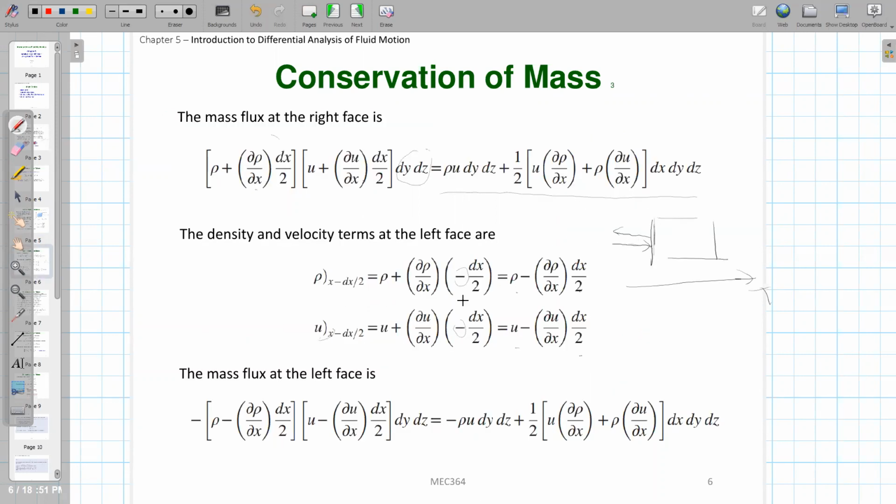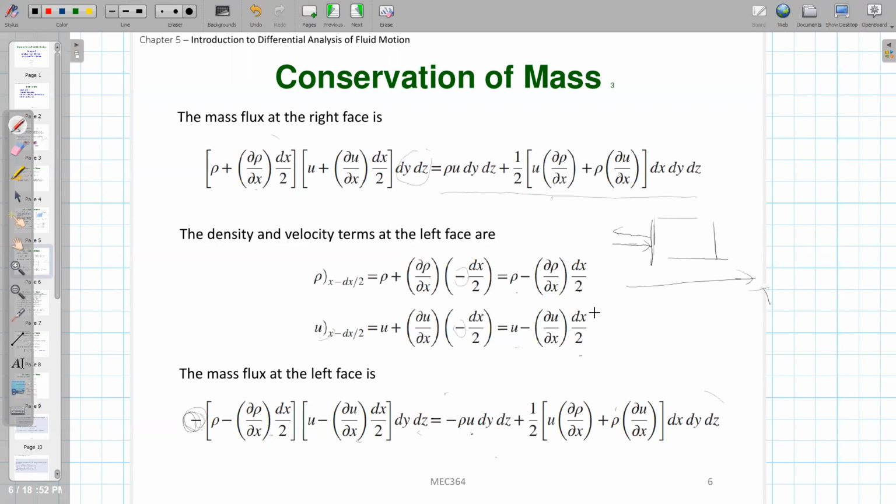So when you calculate the mass flux on the left surface, you will have this negative sign here, and this negative sign is due to the different directions between the velocity and the surface normal. This negative sign times rho times u times dA, where dA again is dy times dz, gives you this value. And when you compare these two, you see that this term and this term are the same, but this term and this term have opposite signs.